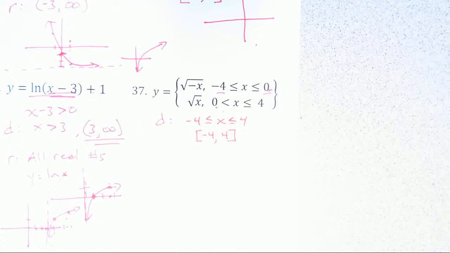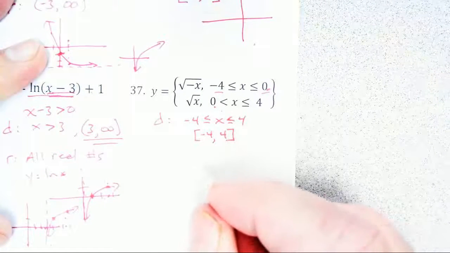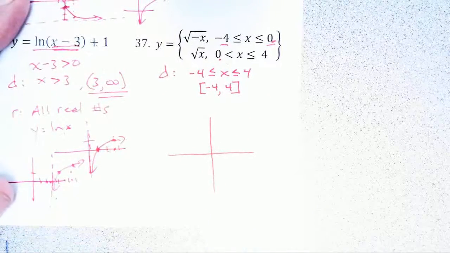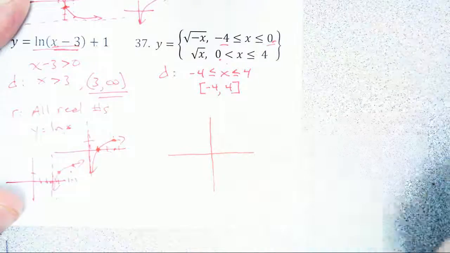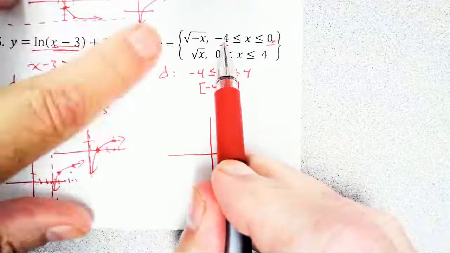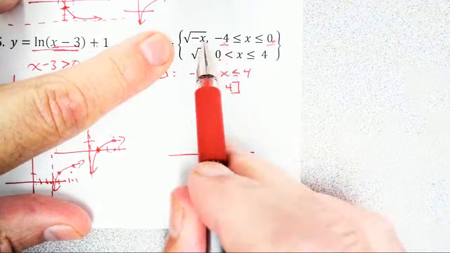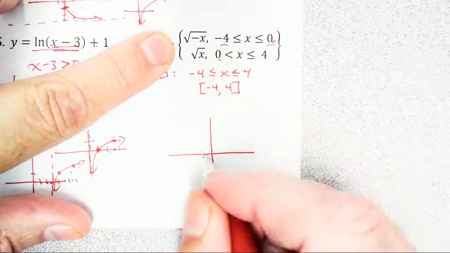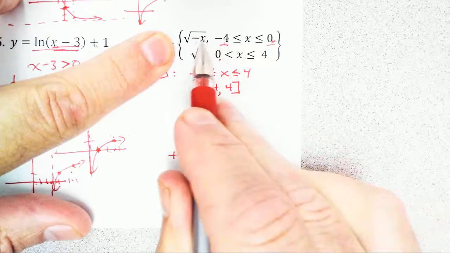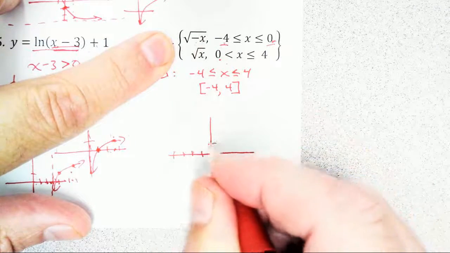Okay, domain. Let's jump to the graph of this first. Let's graph this and take a look at what we get. I'm going to do a mental t-chart. If I put -4 in for x, I get the opposite of -4, 4. 4's square root is 2.